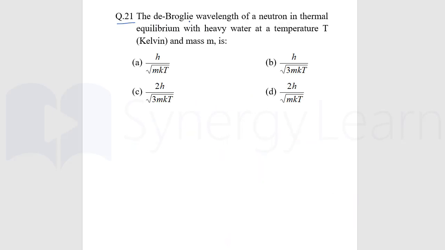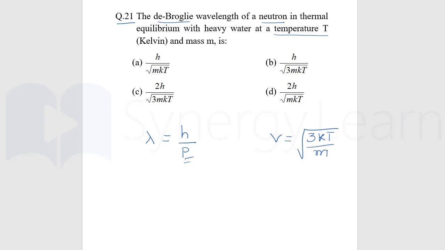It says de Broglie wavelength of a neutron. So as we know, the de Broglie wavelength has the formula h by p, where p is momentum, and it says temperature. As we know, a neutron is a neutral species, so the speed which it will have will be like monoatomic gases, equal to under root 3kT by m.